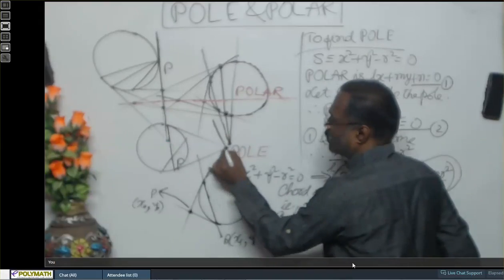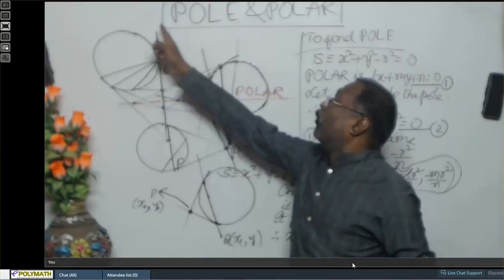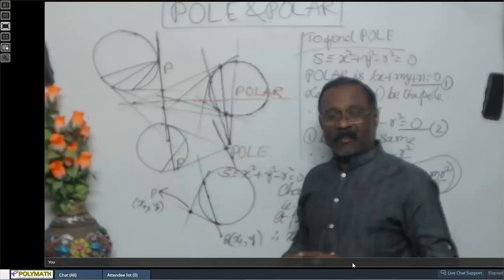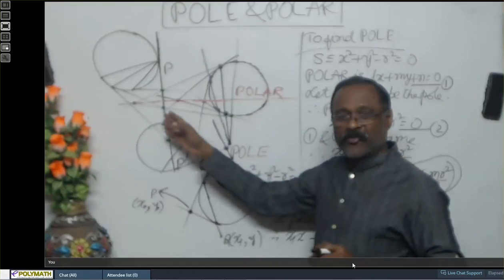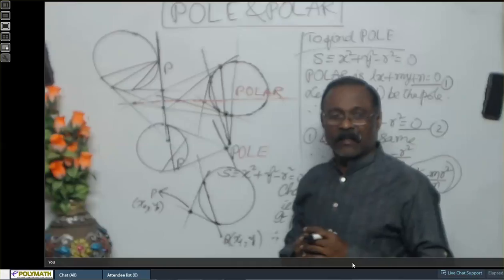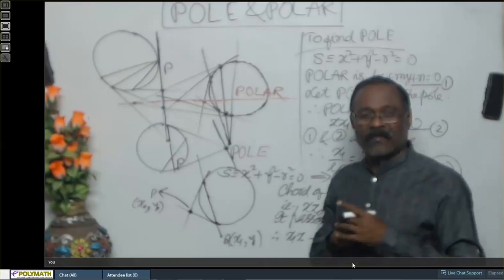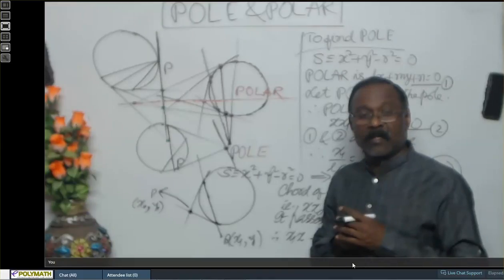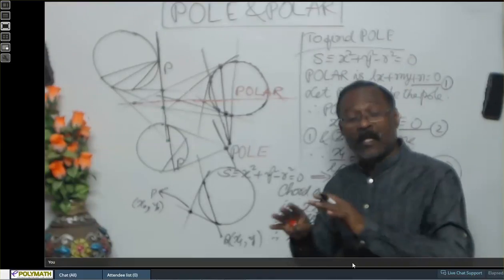If the point lies on the curve, the polar itself is the tangent. So we can see like this now. It is nothing but the polar tangent. It is nothing but the polar chord. But in this case, it is polar only. There is no other name for it.